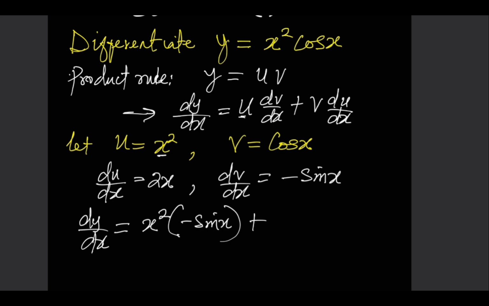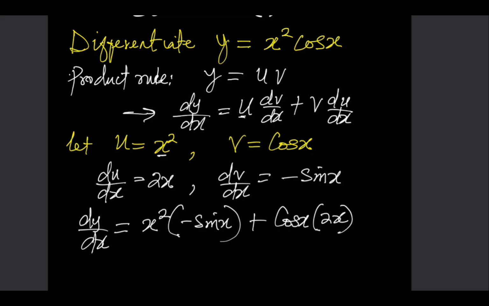What next? You also locate your v, which is cosine x, and substitute that for v. And you also locate du over dx, which is 2x, and substitute this value. So for my v, I will have cosine x, and then I'll substitute du over dx, which is 2x.